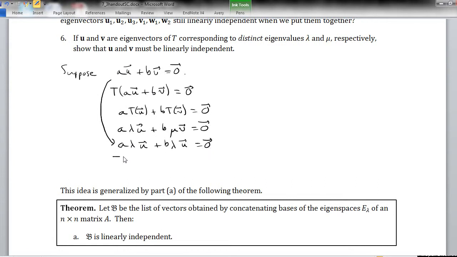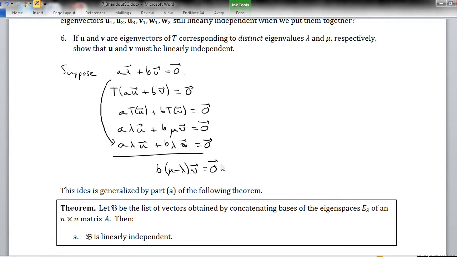Now you probably see what's going to happen. I'm going to subtract these equations, and the first term goes away. And the next term, that was supposed to be a v, wasn't it? The next term has a b and a v, which can be factored out, and in the middle we have what's left over, mu minus lambda.